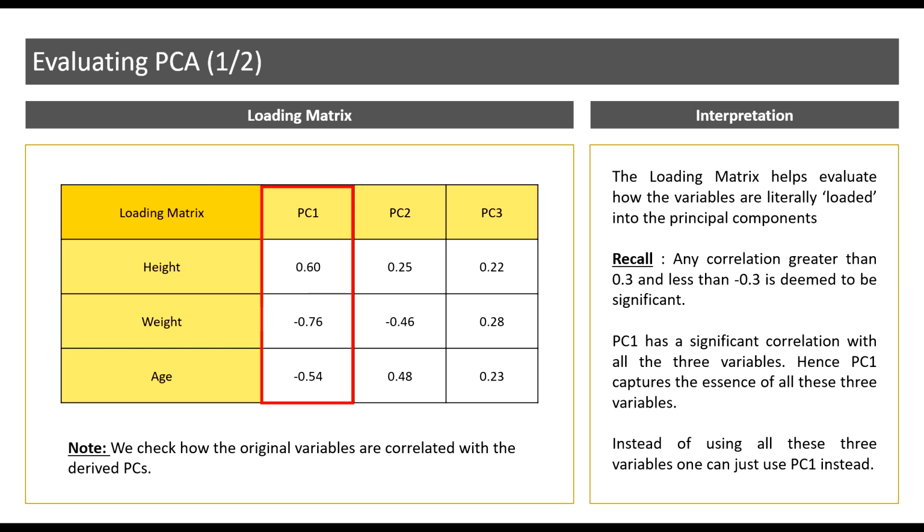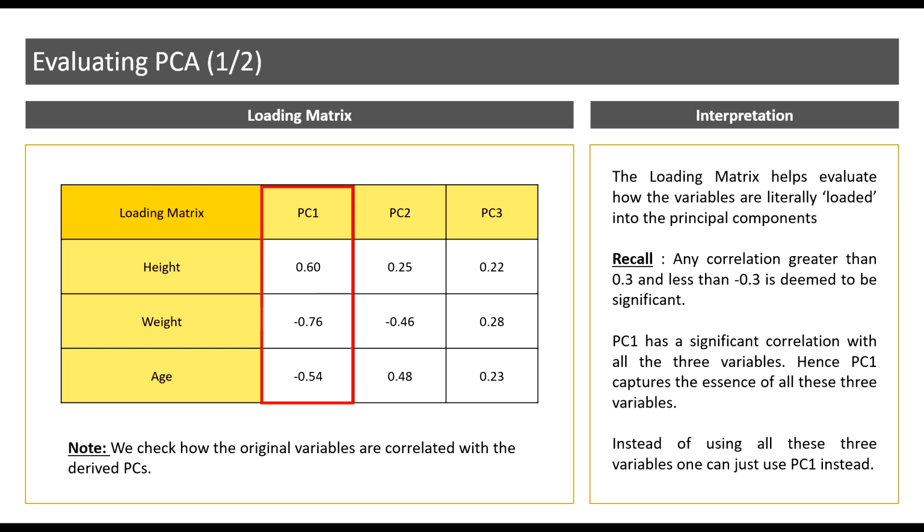Here, we can see that the first principal component, that is PC1, has a correlation of 0.6 with the variable height. Since this correlation is greater than 0.3, we deem it to be significant. Next, we can see that PC1 has a correlation of minus 0.76 with the variable weight.